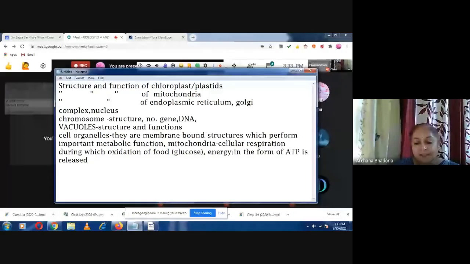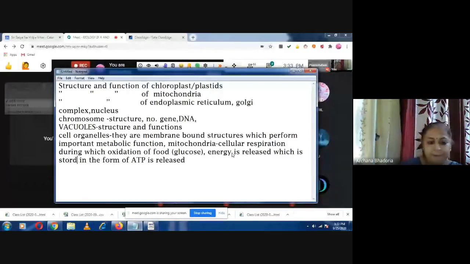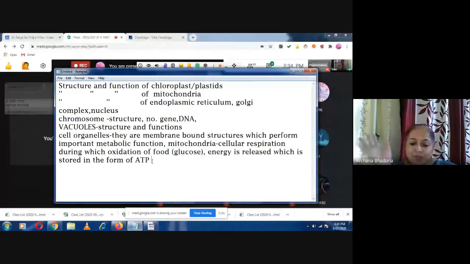So you can clarify here: energy is released, which is stored in the form of ATP. Have all understood this much? One function is happening in the mitochondria.